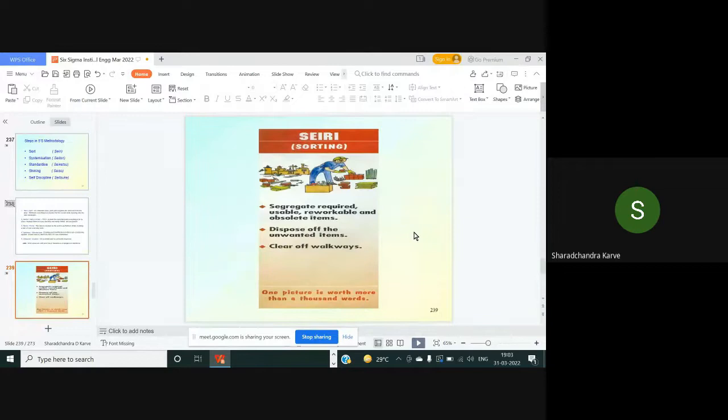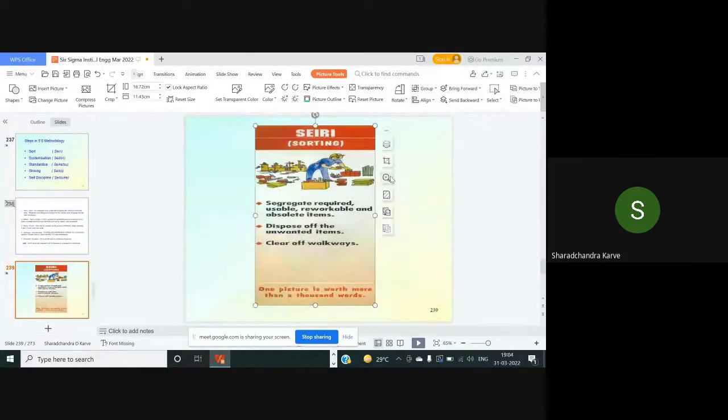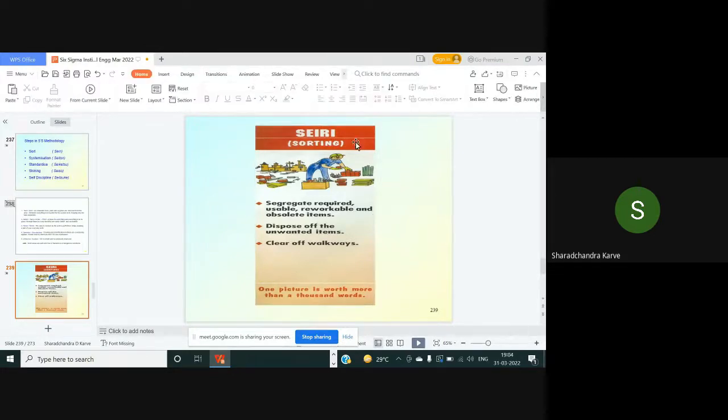If you go to your mummy's kitchen, it is a good example of implementation of the 5S methodology, where the utensils which are regularly used are kept nearby, and the utensils which are rarely used are kept on the loft somewhere else. This is segregation. Dispose of the unwanted items and clear the walkways. That is called sorting or clearing.